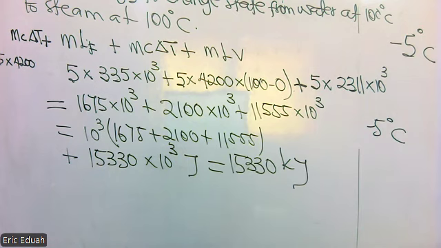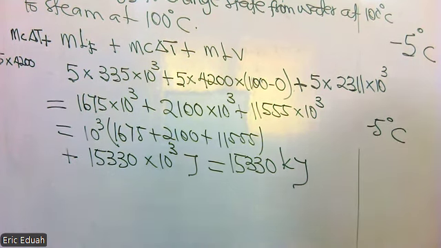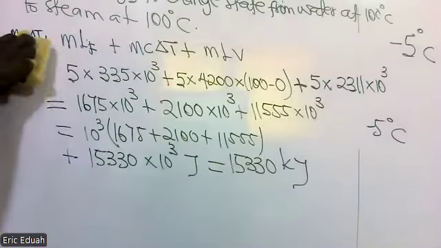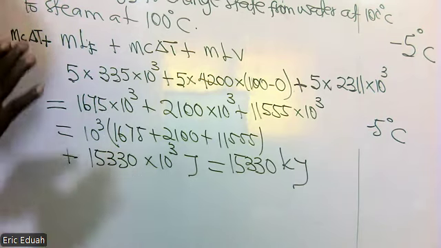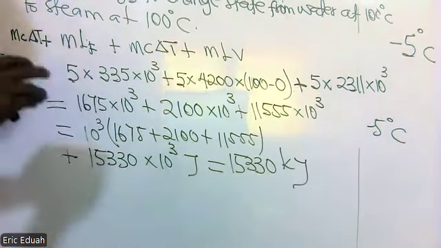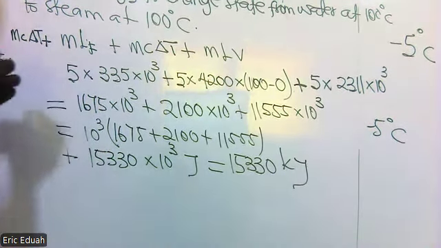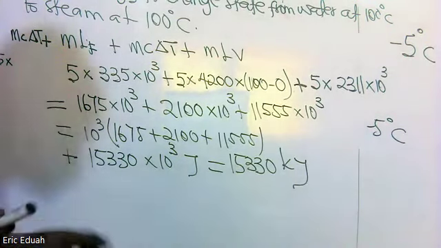That is 2050. The specific heat capacity of ice is not the same, you see, ice is different from water, solid and liquid. So their specific heat capacities will change.